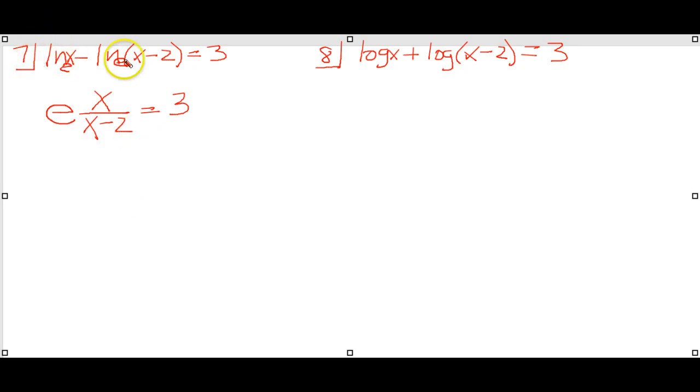So we're just, instead of writing it out with the E in front each time, I put it this way.